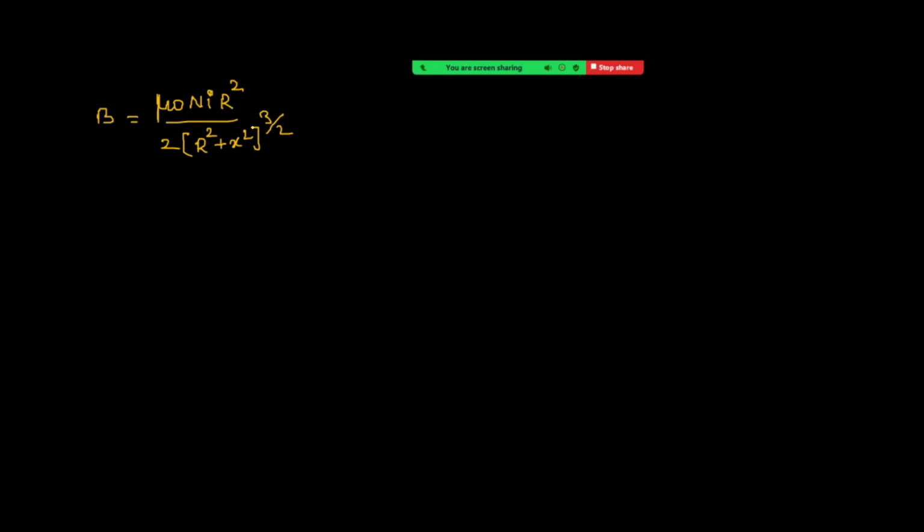In this case, the given distance is √3 r, so take the x value as √3 r.